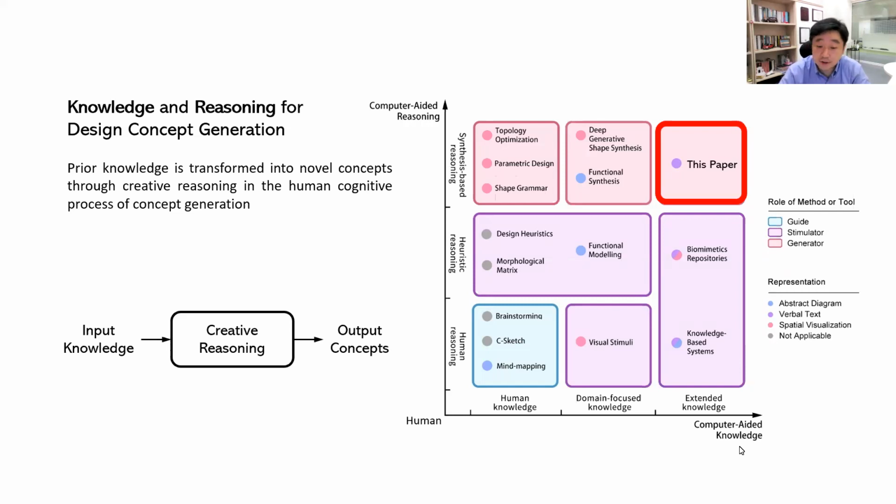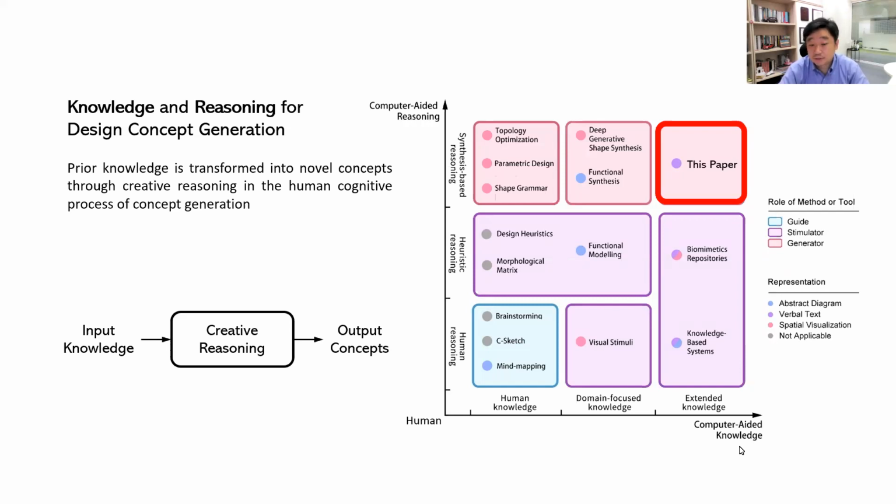For example, at the bottom left corner, brainstorming is a very powerful human practice for concept generation, where we use our human knowledge and human reasoning to generate new concepts. At the bottom right are the knowledge-based systems or biomimicry design repositories, and those provide external knowledge to inspire human designers to generate new design concepts.